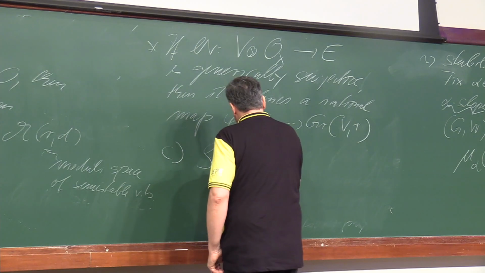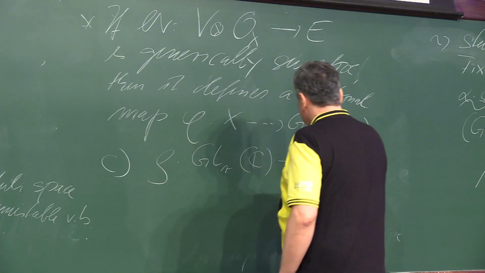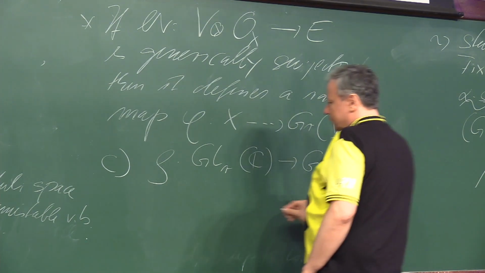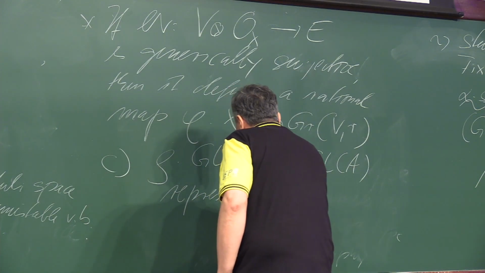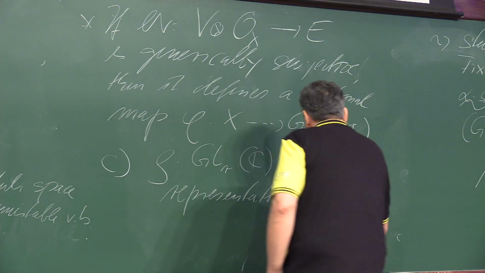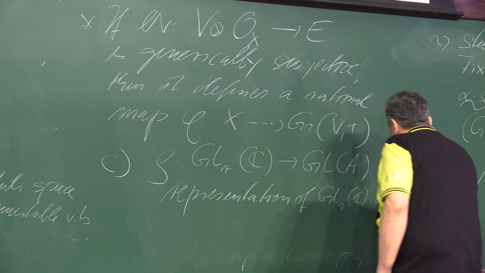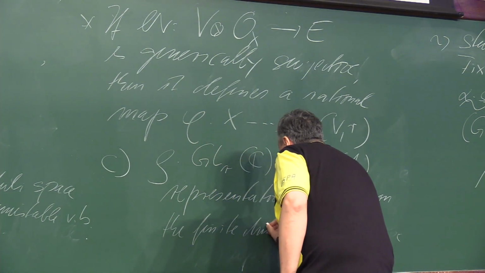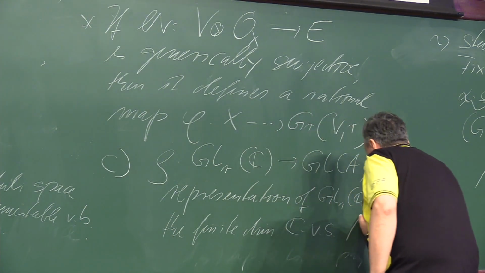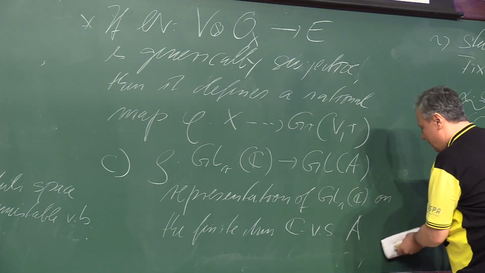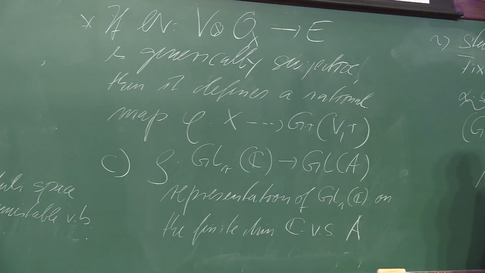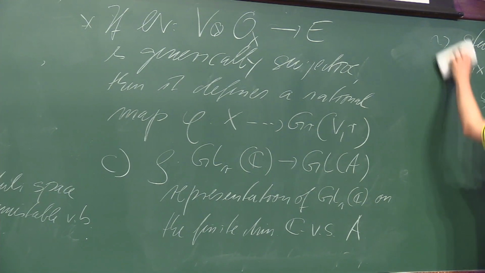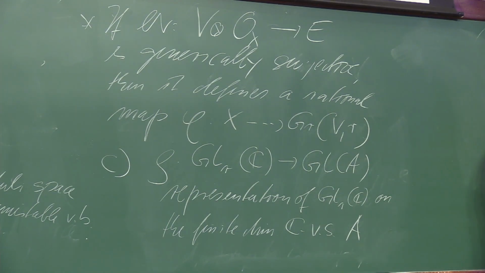So you fix some R and a representation of GL_R on the finite dimensional C vector space A. So just a homomorphism of algebraic groups, or equivalently a linear action of GL_R on this vector space A. So then you may associate with any vector bundle of rank R.